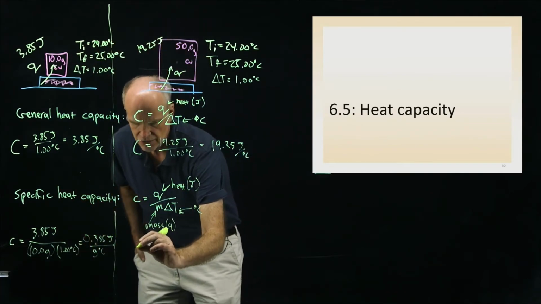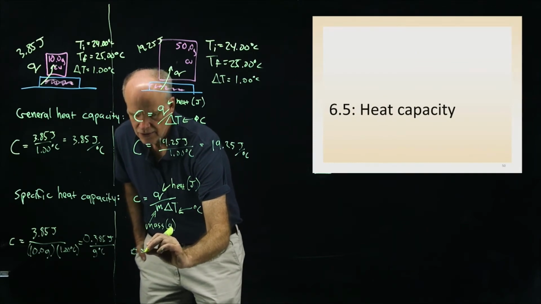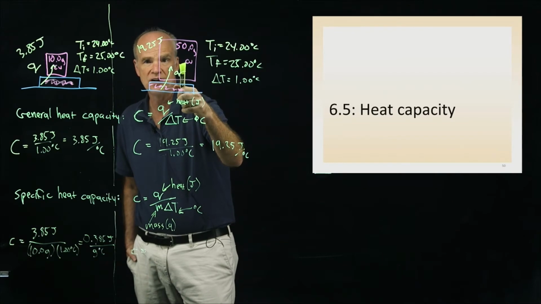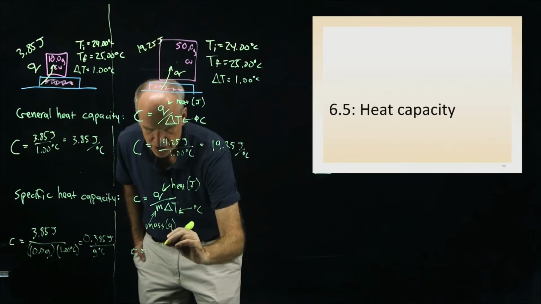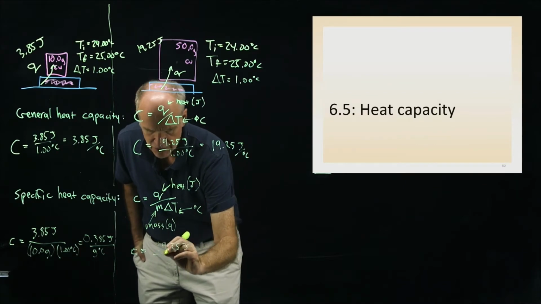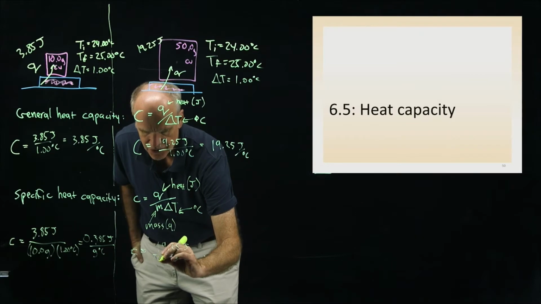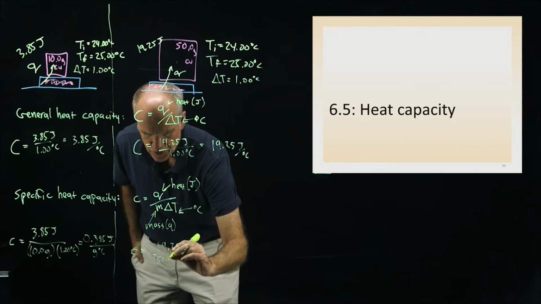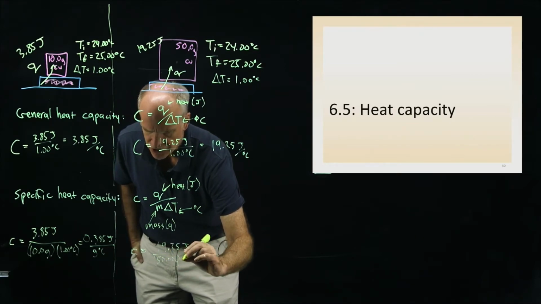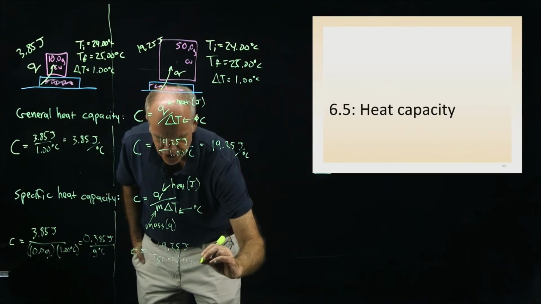For the large block, we take how much heat this large block absorbed, which is 19.25 joules, and divide it by the mass of the large block, which is now 50 grams, and the temperature change, which is 1.00 degrees Celsius.